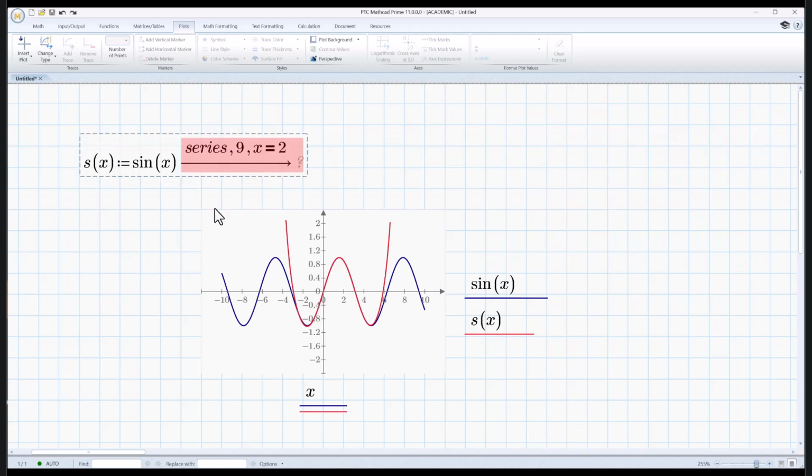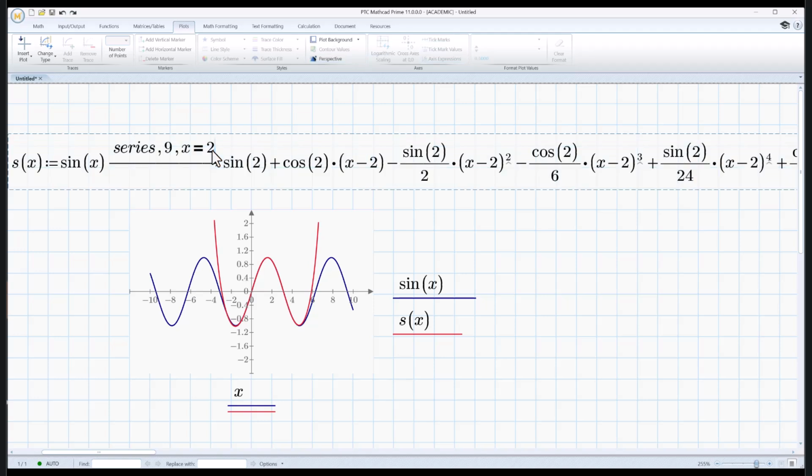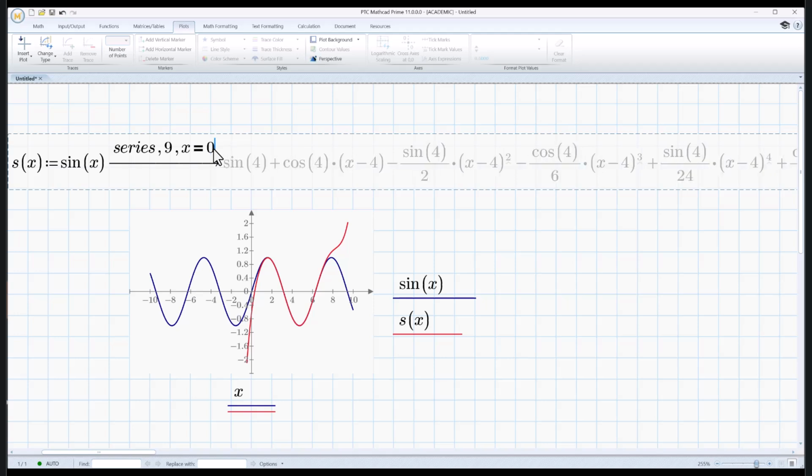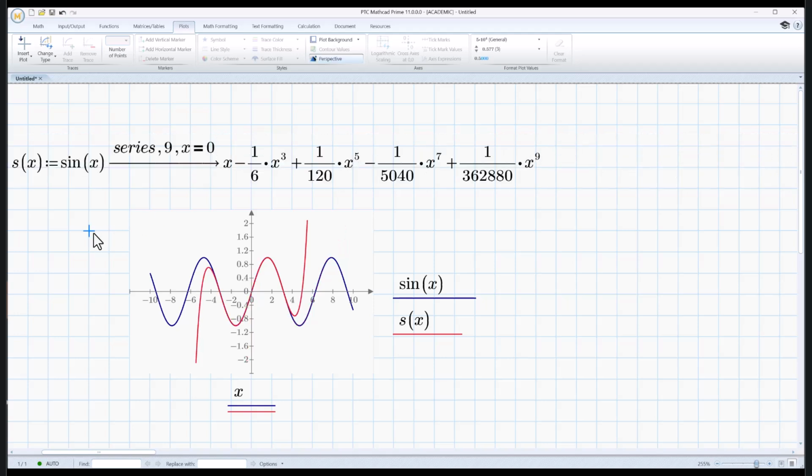Whoops, sorry about that. Now you can see it's really close around 4, and then the error gets big as I get farther away from 4. If I make this 0, now I'm back to a MacLaurin series expansion, and now the errors are symmetric to the left and right of the vertical axis.